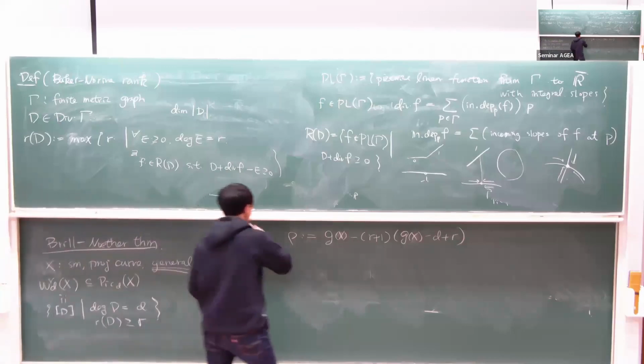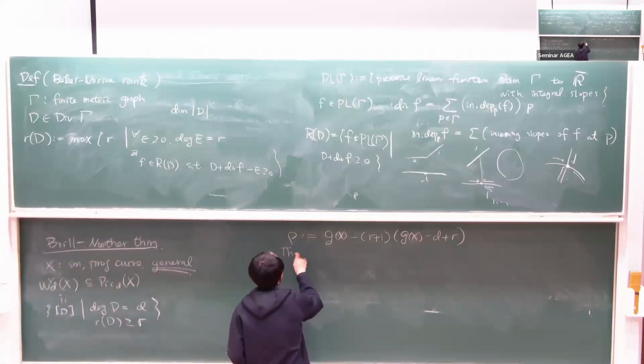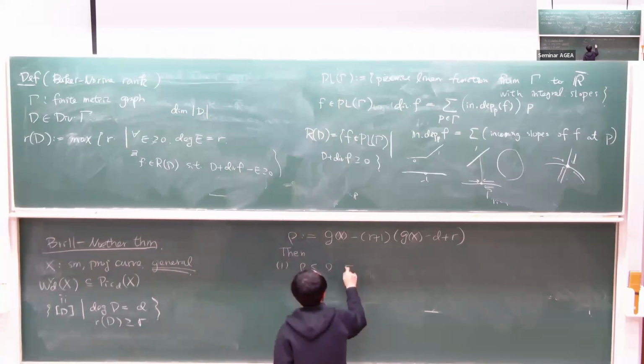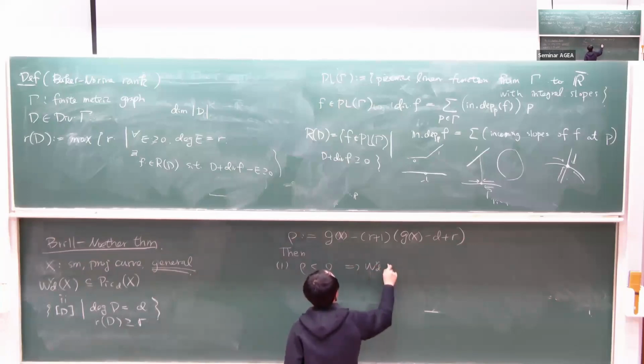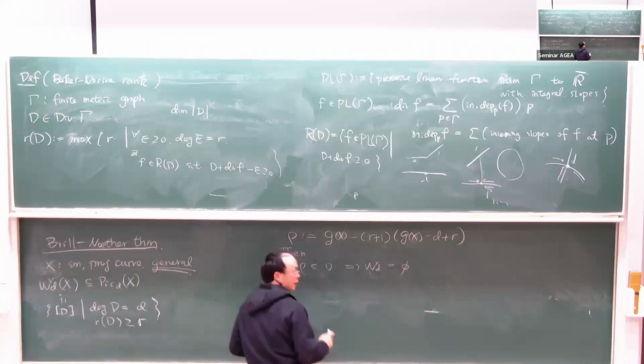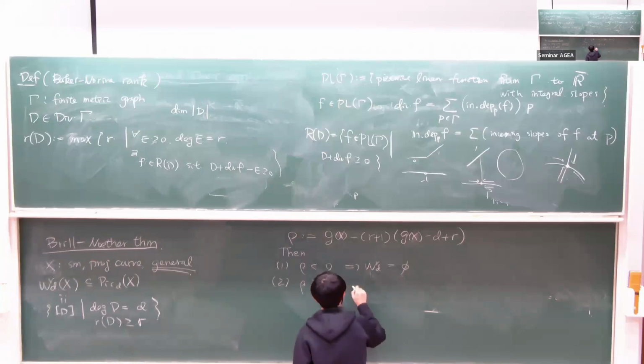So now the conclusion is, if X is general enough, then first, if the Brill-Noether number is negative, then W^r_d is empty.